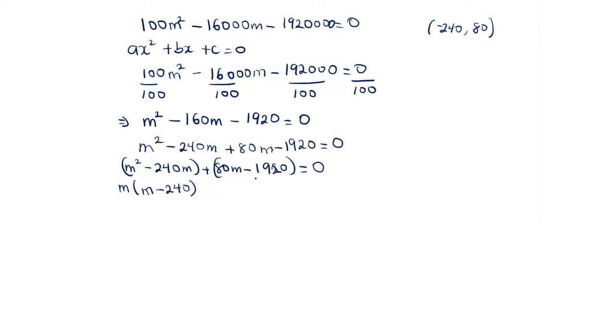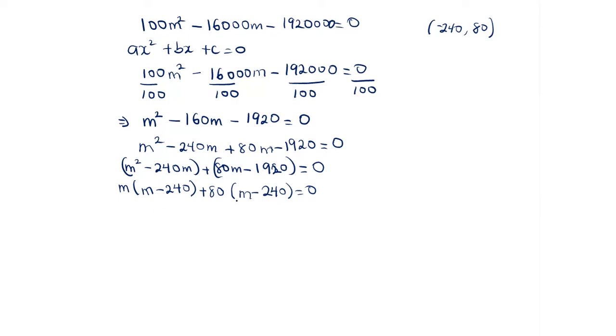Coming to the next bracket, we can also factorize 80 out, because 80 can go into 80 and 80 can also go into 1,920. So this will also give us 80 times (M minus 240). Always ensure that the contents in both brackets are the same.